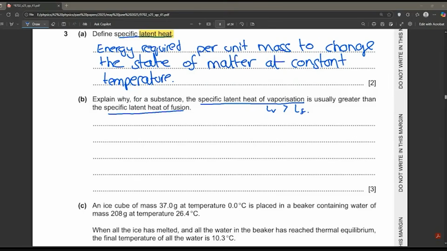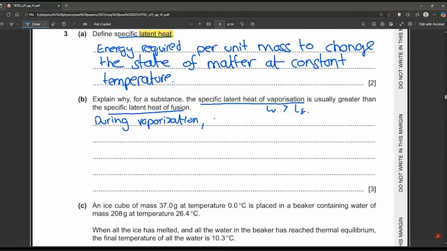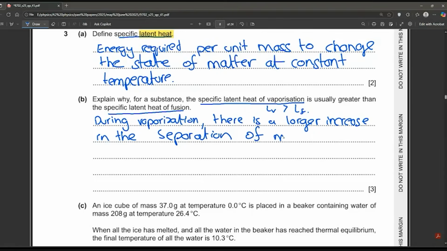You will say, during vaporization, there is a larger increase in the separation of molecules.